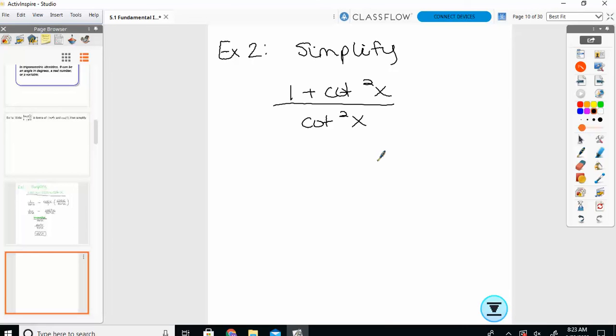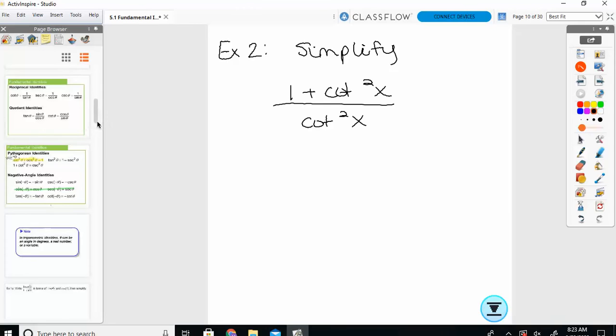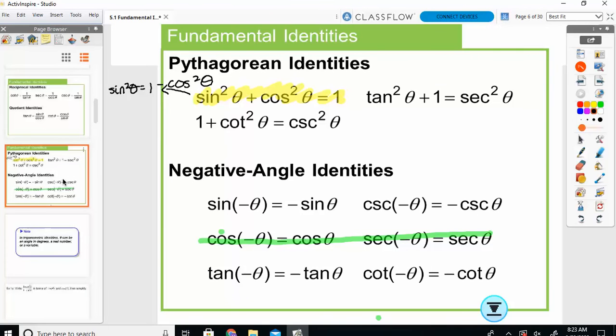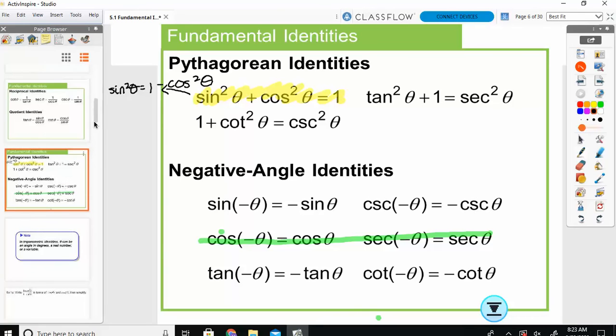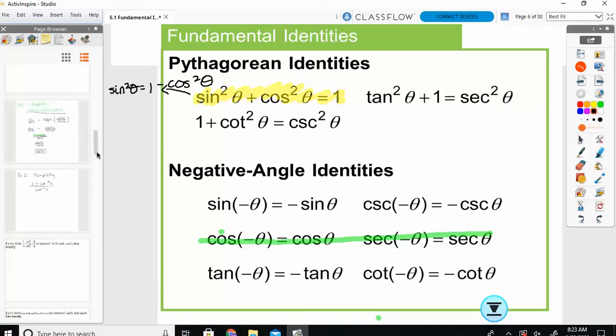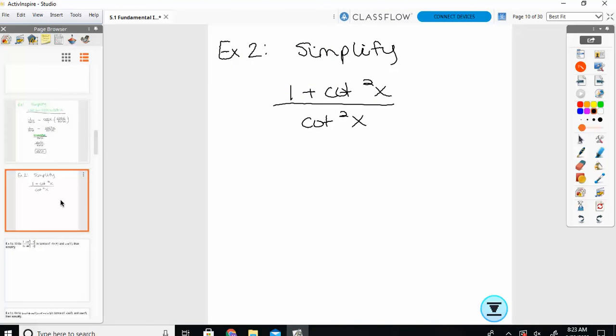And a third option would be to do each thing over cotangent squared. So that is actually an option. 1 plus cotangent squared x is the same as cosecant squared. And the third option, the top is 1 plus cotangent squared, which we have as an identity, cosecant squared. So really, we've already talked about 3 different places we could start on this problem. And they're all correct. They will all get us to the final answer.